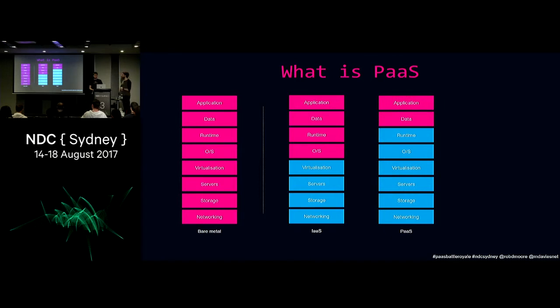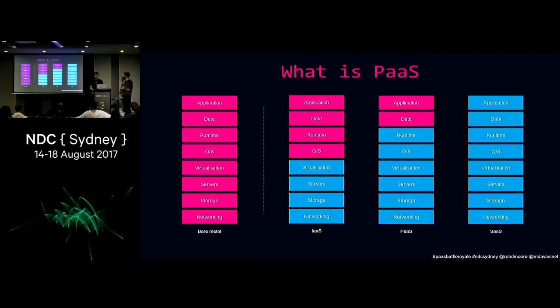If we look then at platform as a service, typically we're only actually dealing with the deployment of the application itself along with any data that's associated with it. And then lastly, if we look at software as a service, that's purely outsourced to whatever vendor is providing the software as a service to us. So we don't have to worry about support or anything like that.